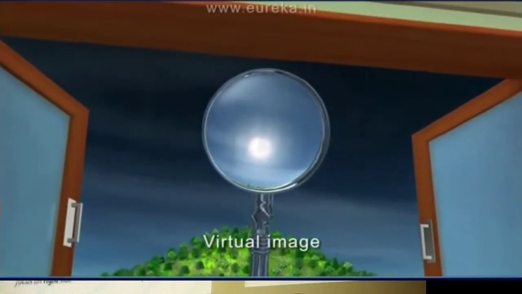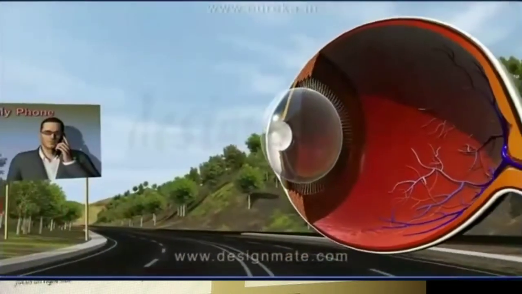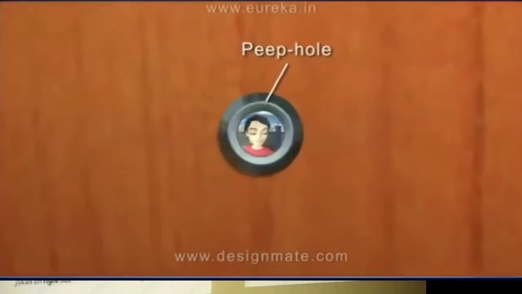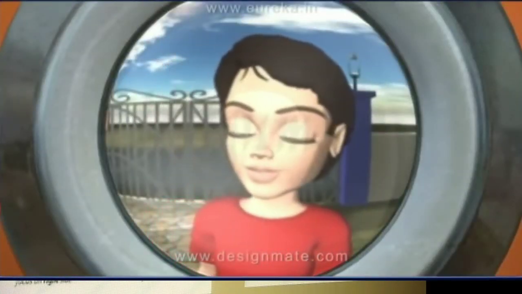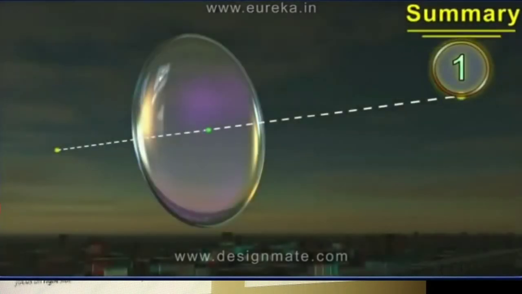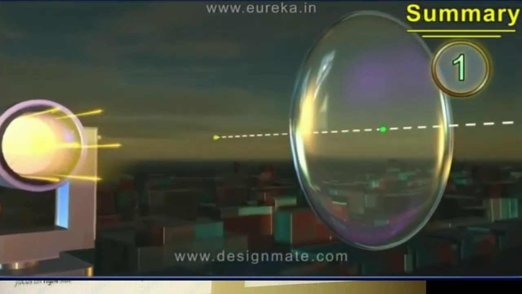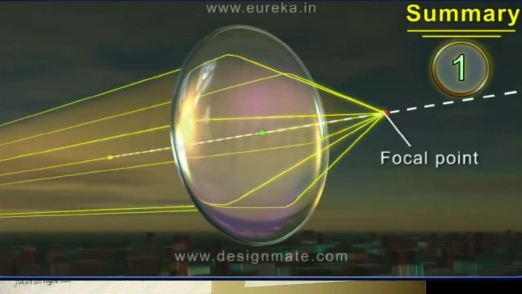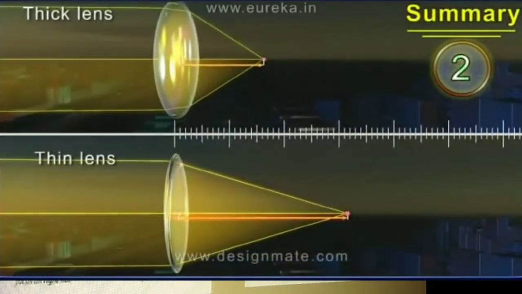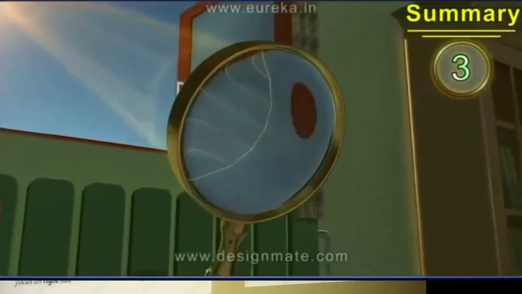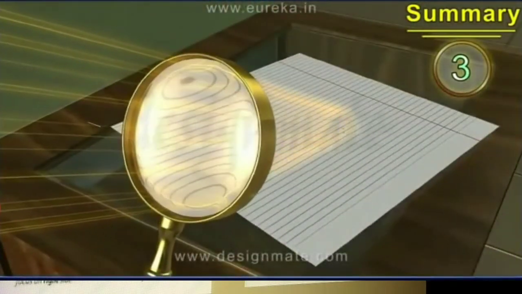Now the rules for the ray diagrams for the images formed by these two. As we have studied already in case of mirrors, the rays which are parallel to the principal axis from the object will pass through the focal point or principal focus after refraction, and rays which pass through the principal focus from the object go parallel to the principal axis after refraction.